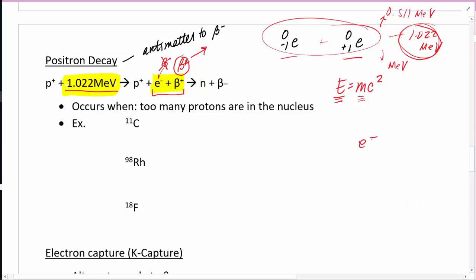An electron doesn't leave the atom. An electron stays in the atom where it's supposed to. A beta is an electron that leaves, and that's really the key. And it has more energy, and that's why it's able to leave. So when I'm trying to use this to show the antimatter properties of it, this electron stays. The beta positron is the one that is ejected.